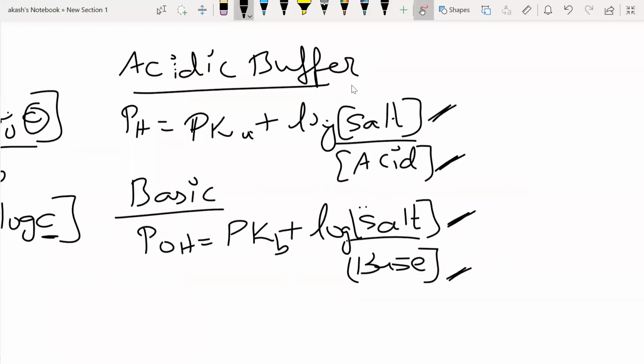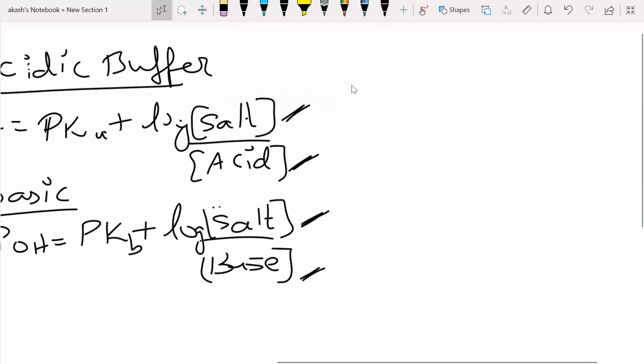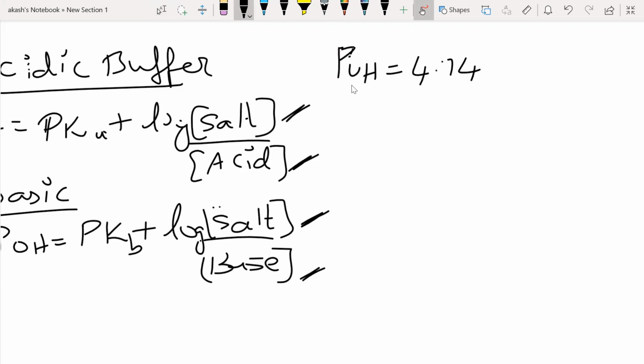So if I substitute, only calculation will be remaining, right? So pOH of this particular buffer will be 4.74, that's the pKb value of NH4OH or NH3, plus log of the salt concentration over the base concentration. The salt here is NH4Cl, ammonium chloride.